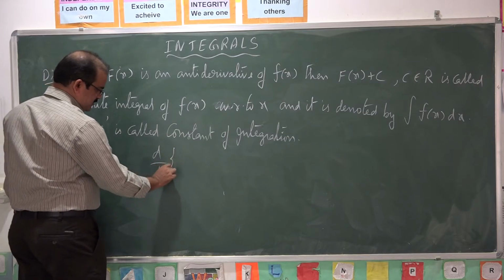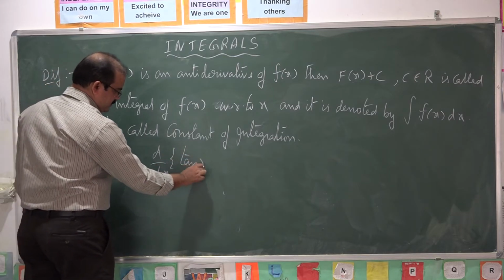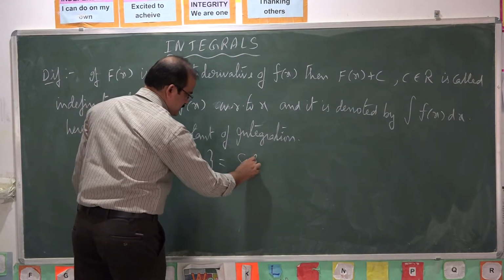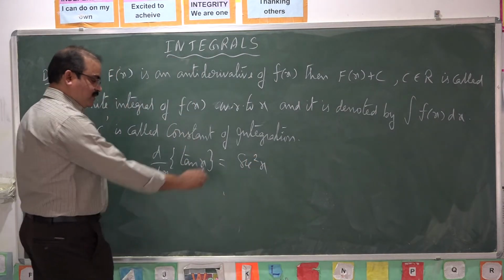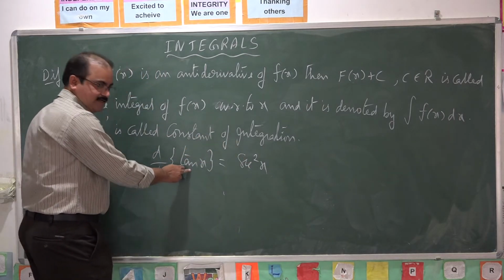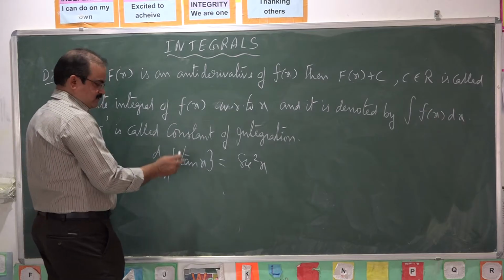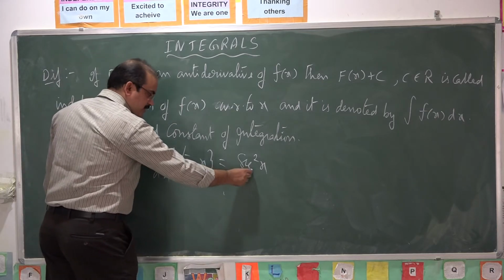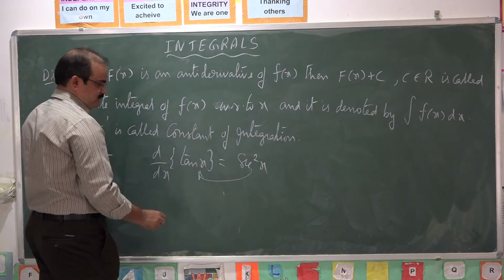d by dx of tan x. We know d by dx of tan x is secant square x. Here secant square x is the derivative of tan x with respect to x. Now tan x is called antiderivative of secant square x.